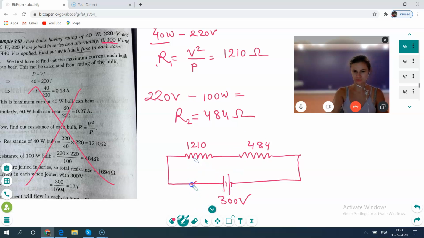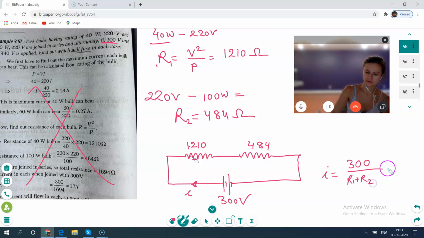Yeah, first you should find the current. I need to find the current first. I need to find resistance. These two are in series, so I add. So I is equal to total voltage 300 divided by R1 plus R2.